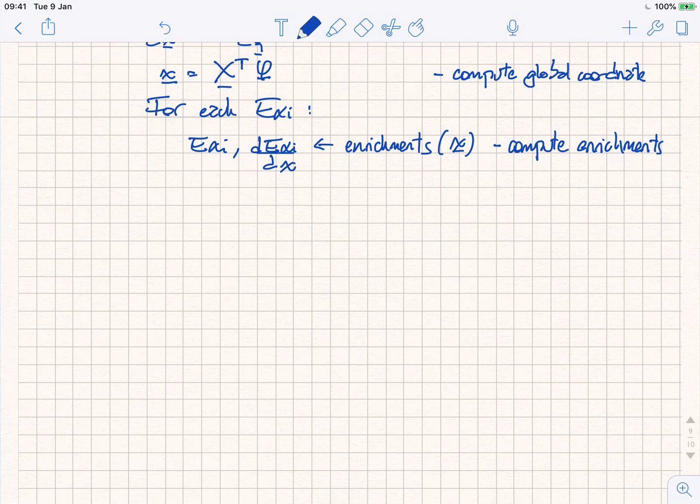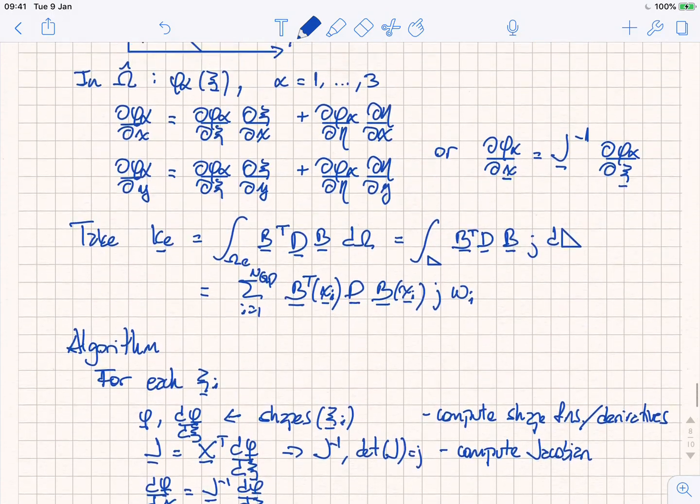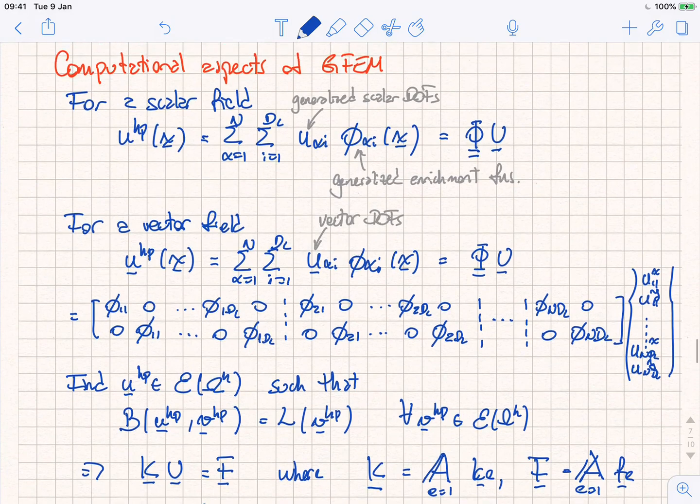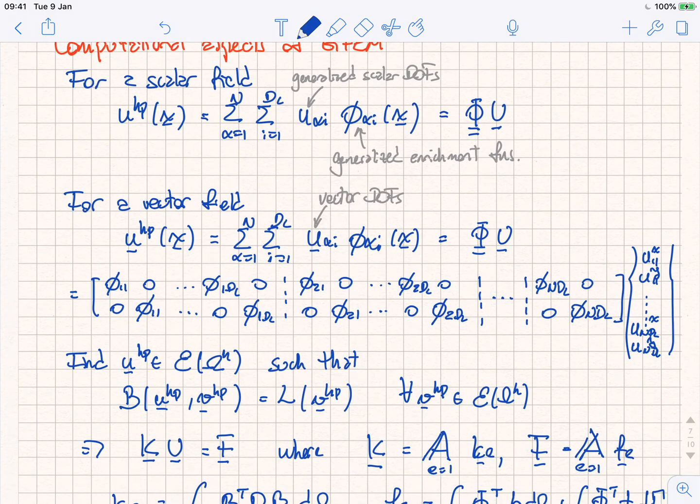But of course, we are not interested in the enrichments. What is it that we add to the array of functions? The enrichment functions, right? Not only. If we go back, what is this function?